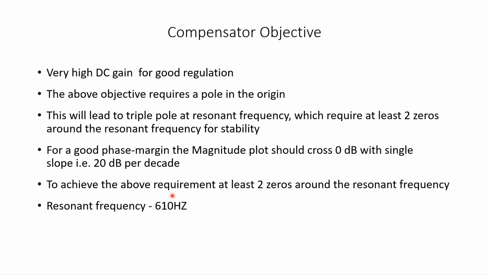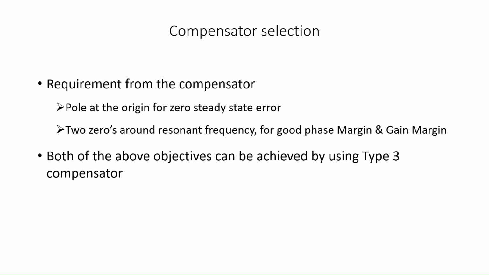That means the 0 dB frequency will be crossed at 20 dB per decade. So that's the criterion for stability. The resonant frequency is 600 Hz.